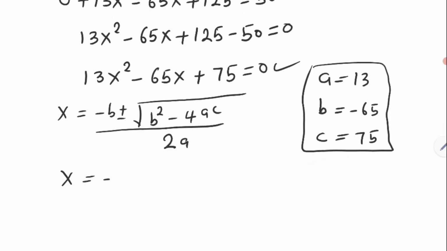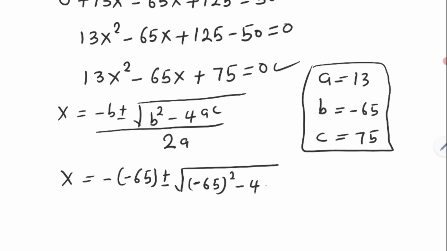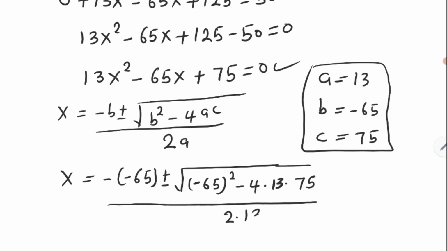S is equal to minus bracket minus 65 plus or minus square root of minus 65 squared minus 4 multiplied by a, which is 13, multiplied by c, which is 75, over 2 multiplied by 13.